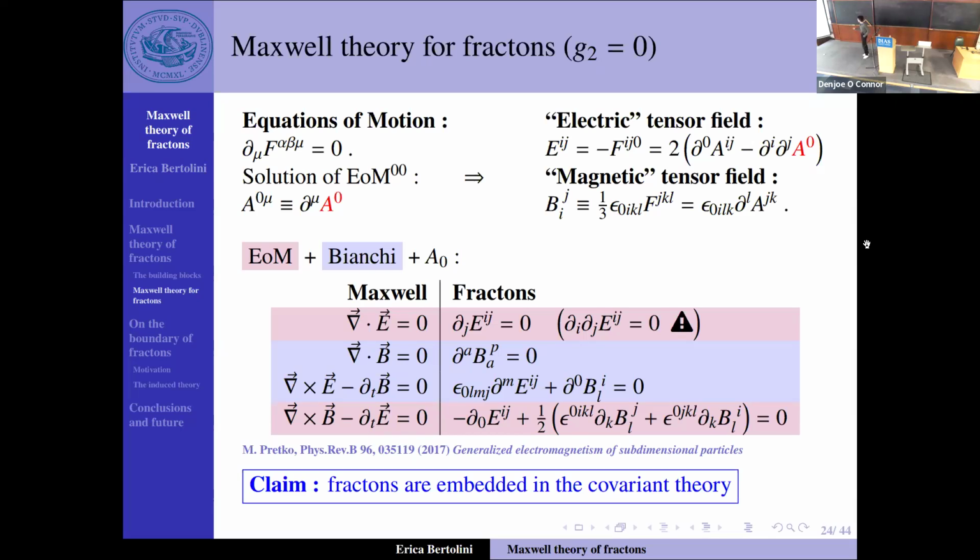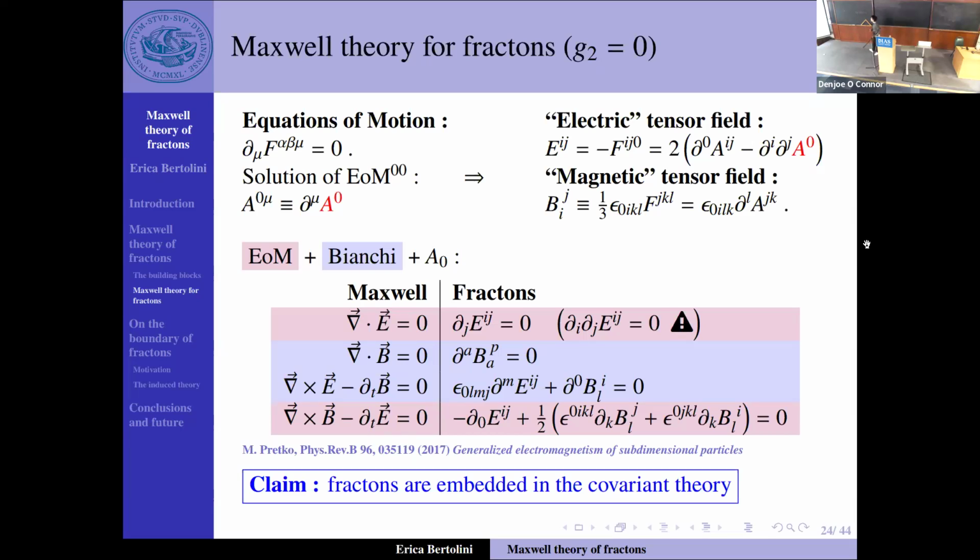So this A0 comes back, but for us it's coming from a solution of the equation of motion, while there it was imposed as a multiplier to implement the Gauss constraint. So here we have it naturally. And the magnetic field is simply the curl of the rank 2 gauge field.